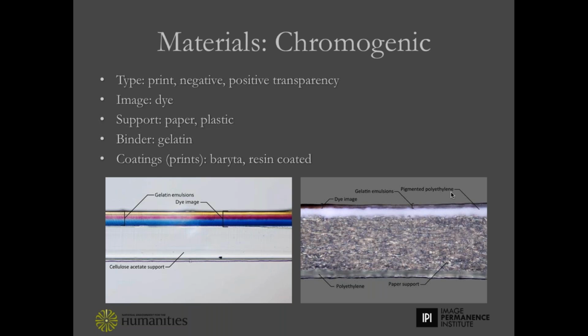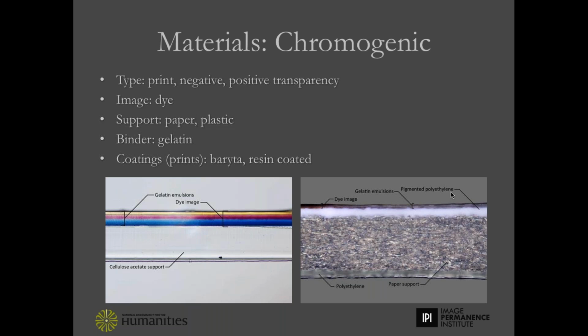Back to chromogenic. Our paper supports can be either Baryta supports or resin-coated papers. The Baryta papers tended to have a thick Baryta layer and a glossy surface. The resin-coated supports began to be introduced in the 1960s. By the 1970s, all chromogenic materials had resin-coated supports.